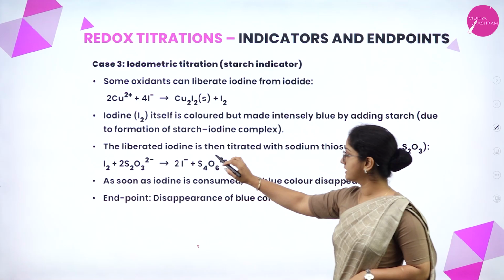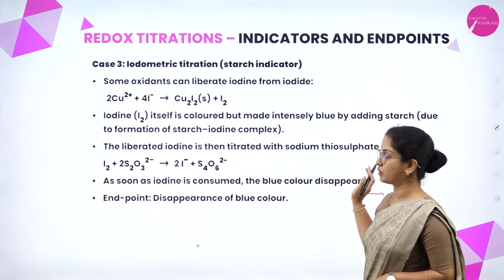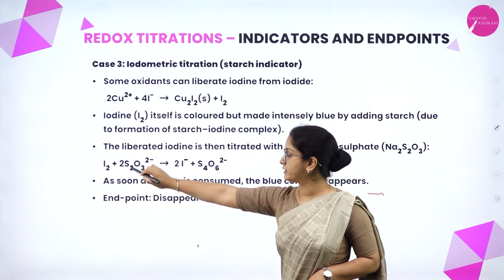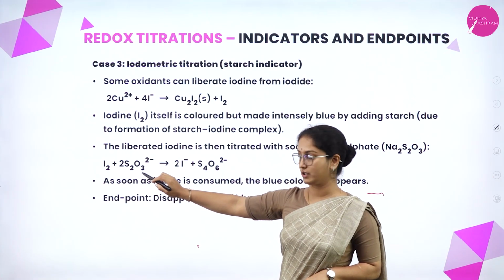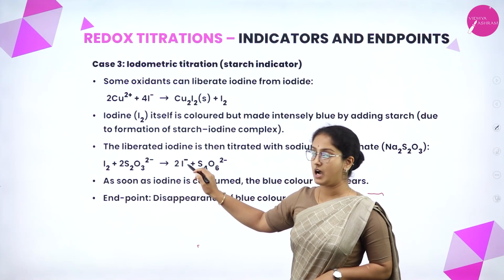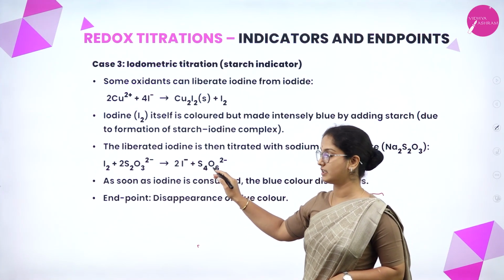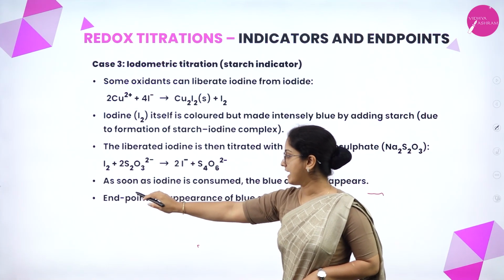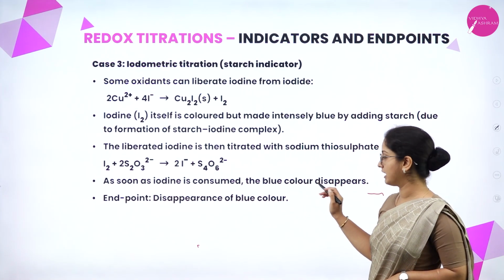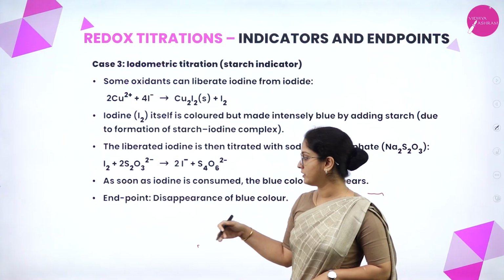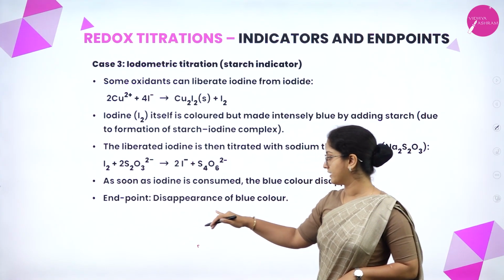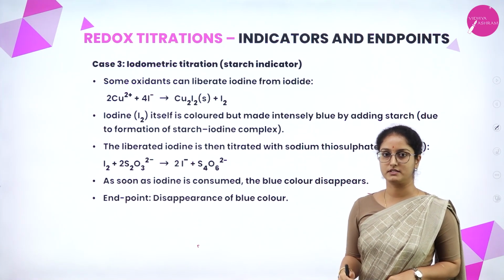The liberated iodine is then titrated with sodium thiosulfate. Iodine reacting with thiosulfate ion gives iodide ion along with tetrathionate anion. As soon as iodine is consumed, the blue color disappears, and therefore the endpoint is the disappearance of the blue color. So that gives the result.